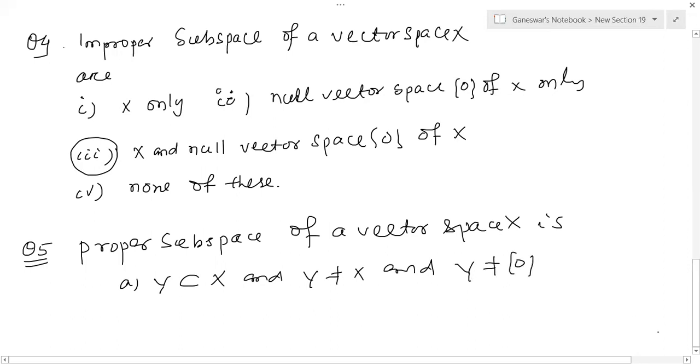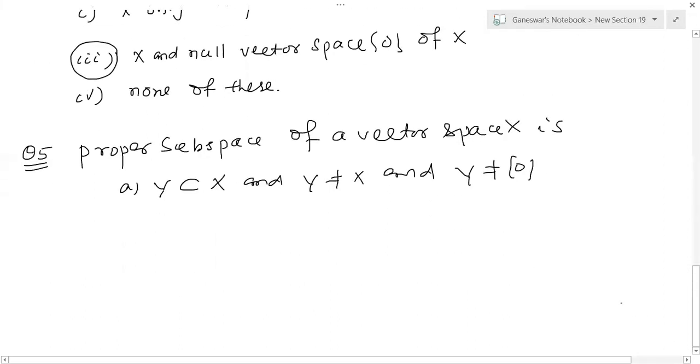Second option: Y subset of X, and Y is equal to X, or Y is equal to 0.